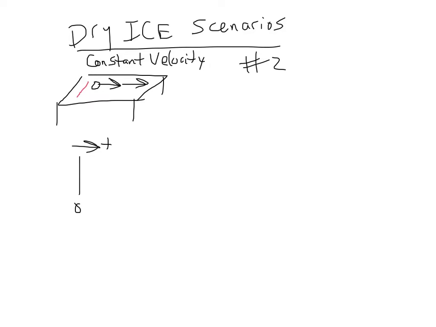We would draw that with arrows that are all the same length, starting at least near the 0 position, traveling to the right, constant velocity, constant length arrows. And then we would say that the a is 0 here as well because there's no acceleration.